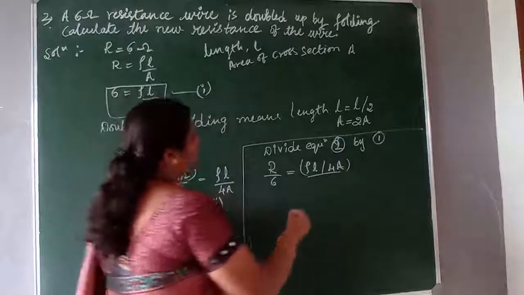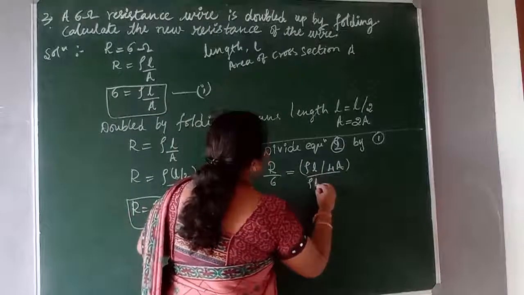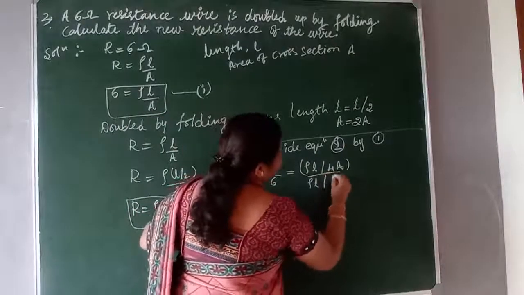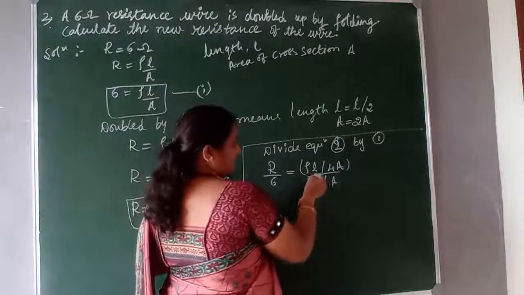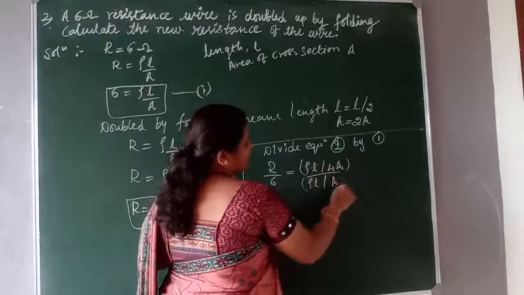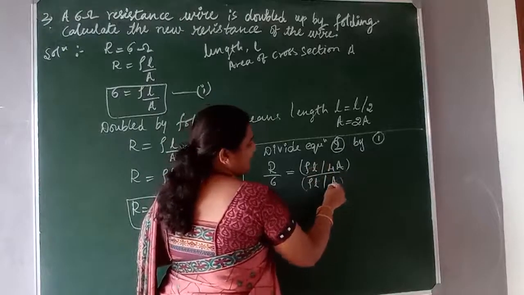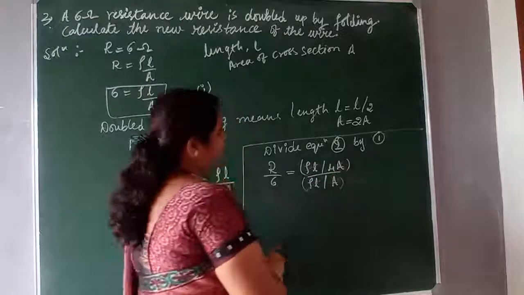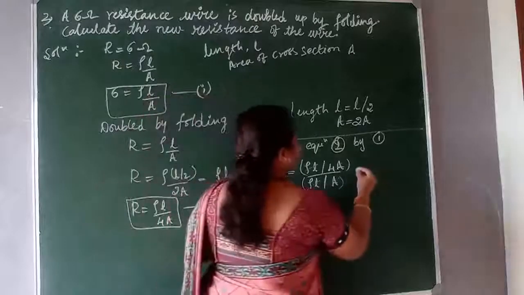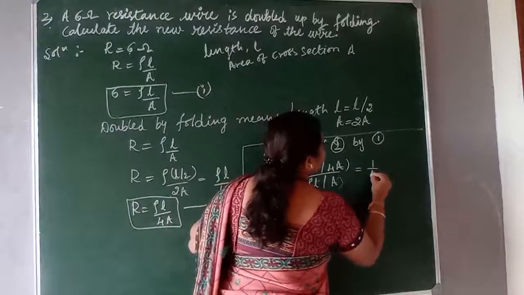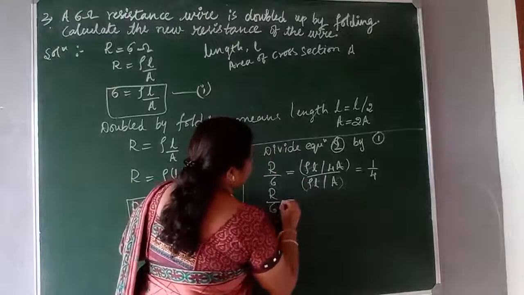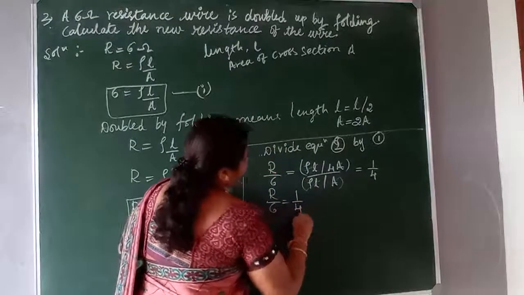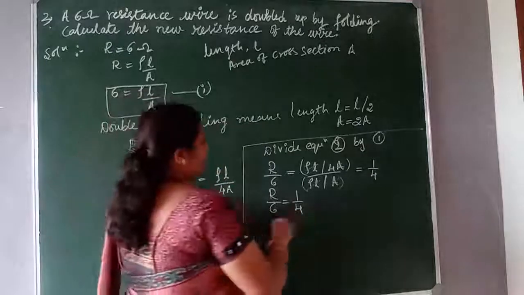This value, that is rho length divided by A, children. So here rho and L will get cancelled, here also, and this A cancels and this A also cancels. So what has remained, children? 1 by 4, which means R by 6 is equal to 1 by 4, isn't it, children?